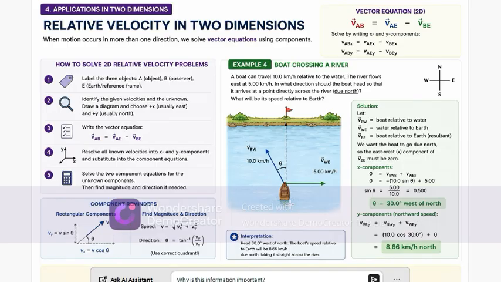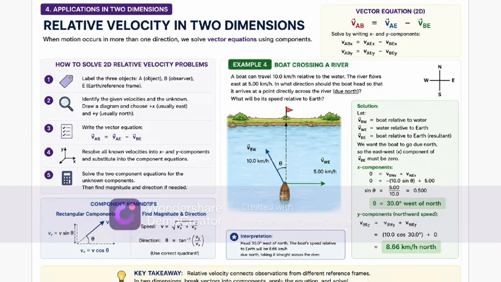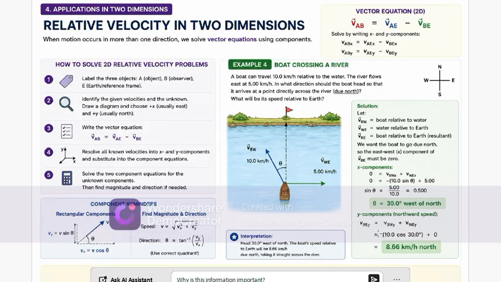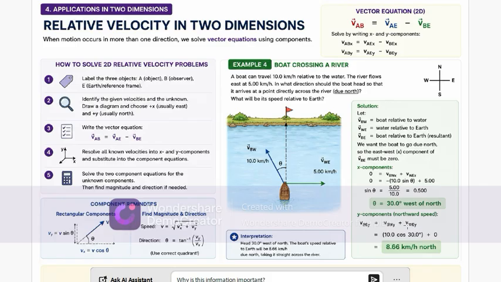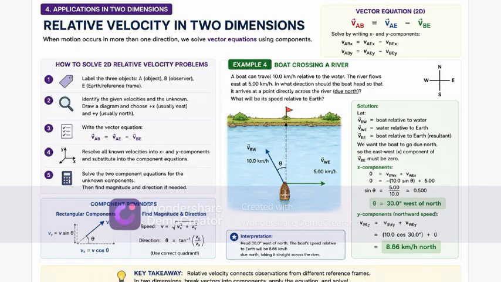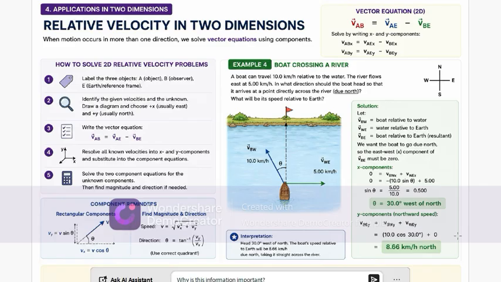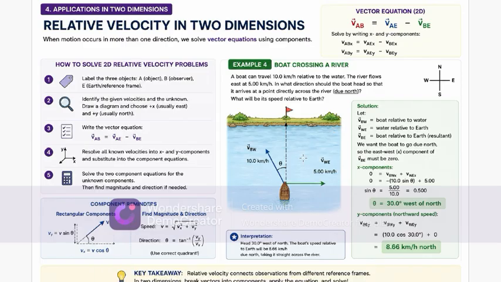VBW is 10 cos theta to find the y component, plus VWE, which is 0 since it has no y component. When we add these two, we find 8.66 kilometers per hour north. That's our answer for the speed relative to earth.